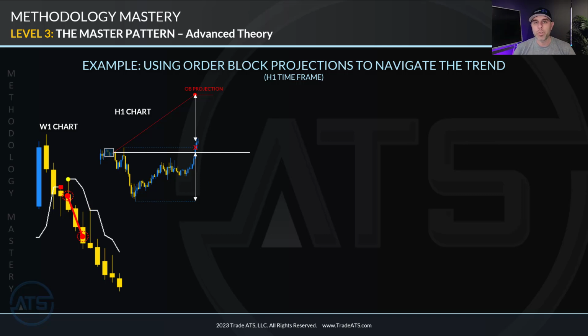What we noticed over time is that the master pattern always, not sometimes, but always travels a minimum distance of 100% up or down of the expansion range size. That is where we came up with order block projections. Now, I know you may have heard of order block this, order block that. The way we look at order blocks is that they're neutral.